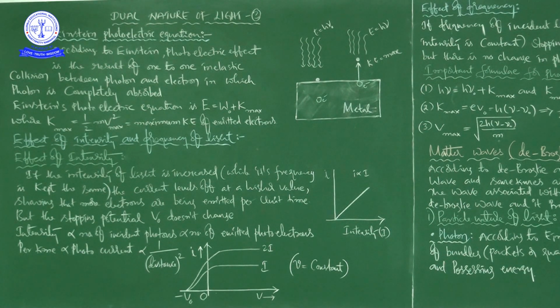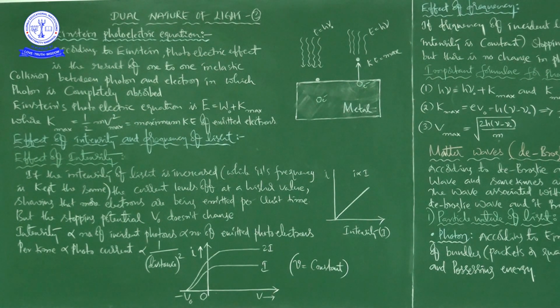You can say that the minimum frequency of incident radiation required to eject the electron from a metal surface is defined as threshold frequency, okay, right?